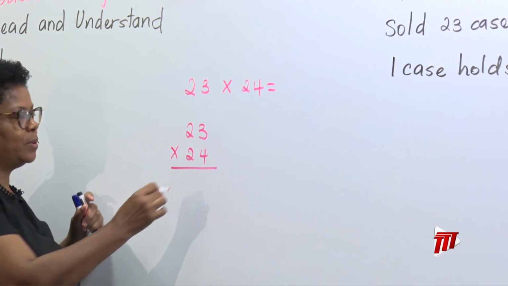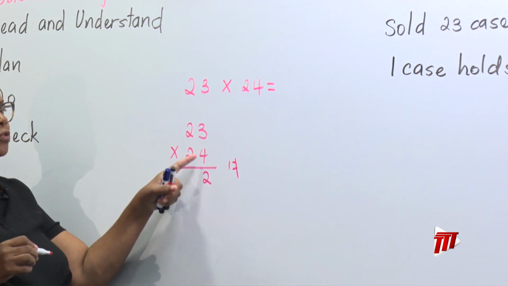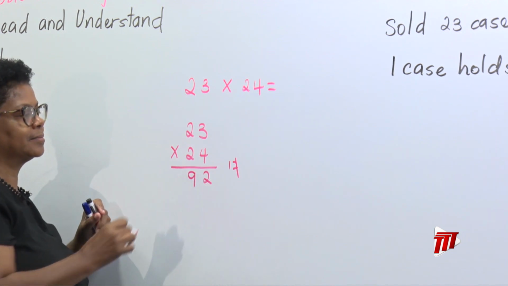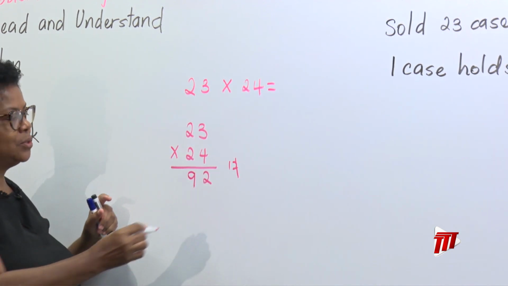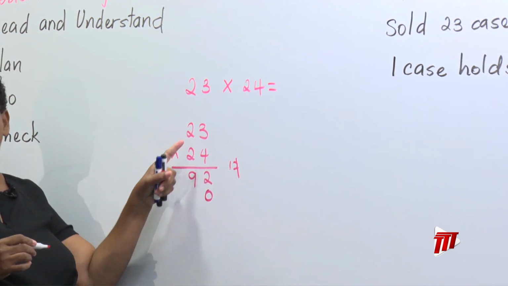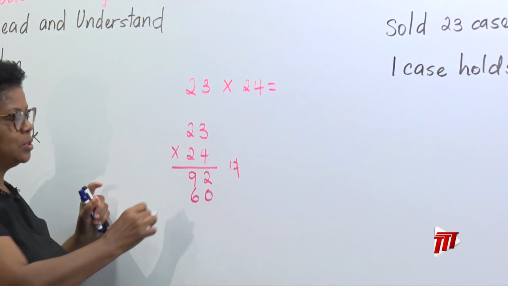Four threes are 12. 4 twos are 8. And 1 is 9. We are multiplying by 2 tens. So we are going to put the 0 here for the ones. 2 threes are 6. 2 twos are 4.